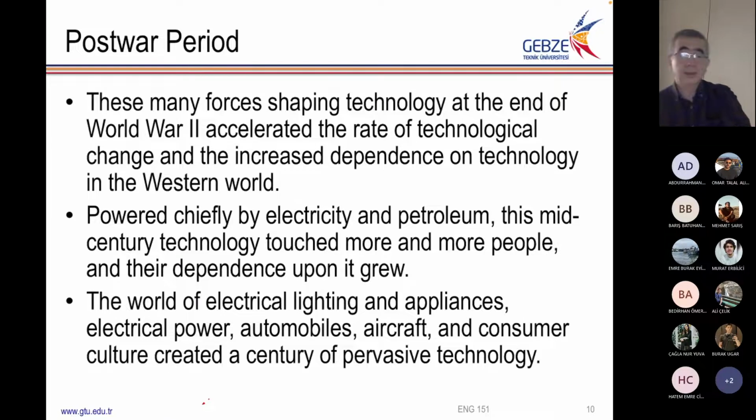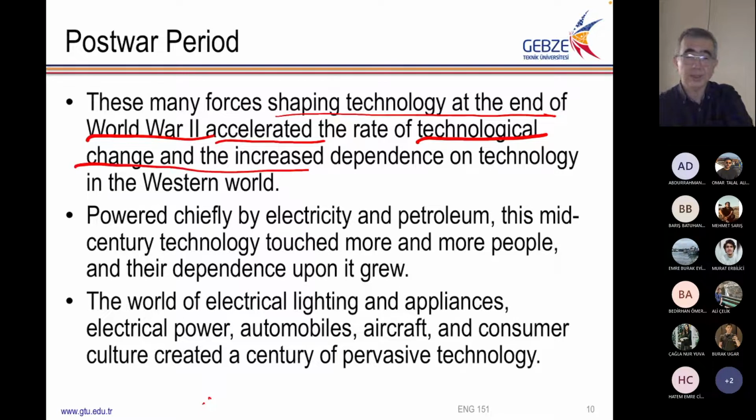These are the factors shaping technology at the end of World War II. Those accelerated the rate of technological change and increased dependence on technology in the Western world. Before that, technology was only seen in production, and life was not dependent on technology.